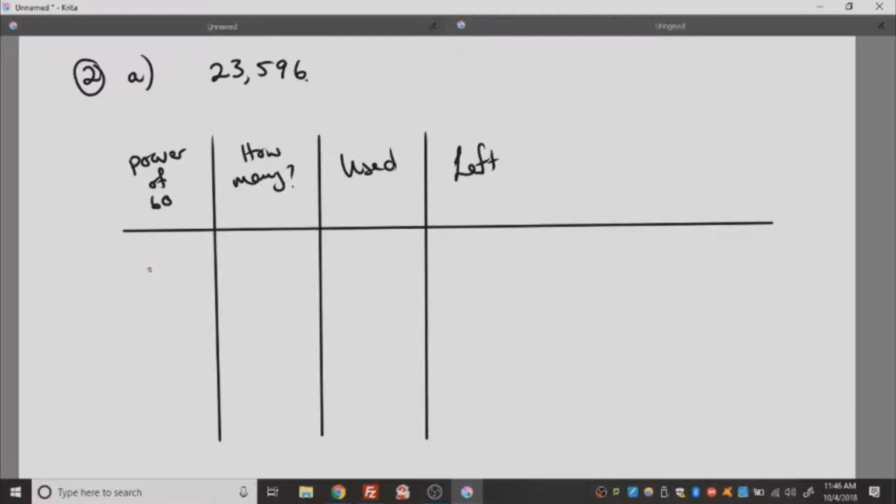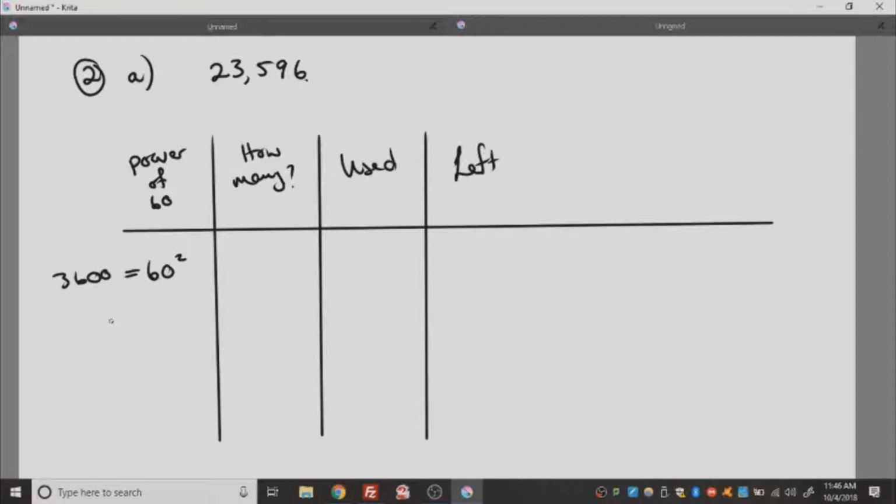So I need to know what is the largest power of 60 that can fit in there. So I do know 60. The next one is 3,600. We've learned the next one is 216,000. And that's too big, right? So the largest power of 60 that can fit in there is 60 squared, and that's 3,600.